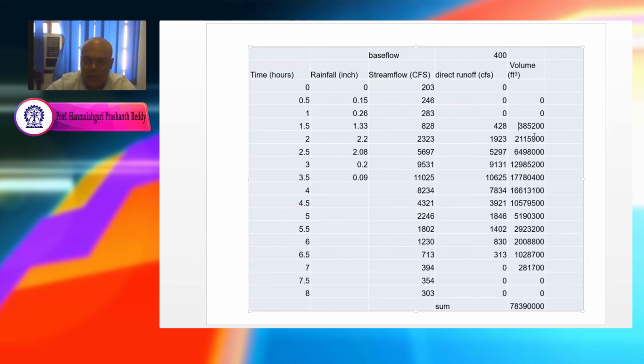These are the volumes of direct runoff in each interval. When we add all of them together, we'll get 78.39 million feet cube as the volume of direct runoff.